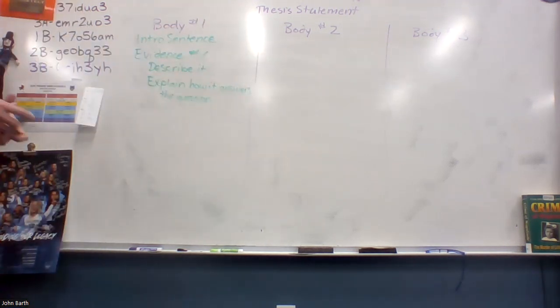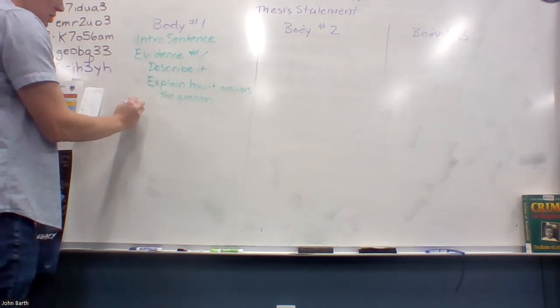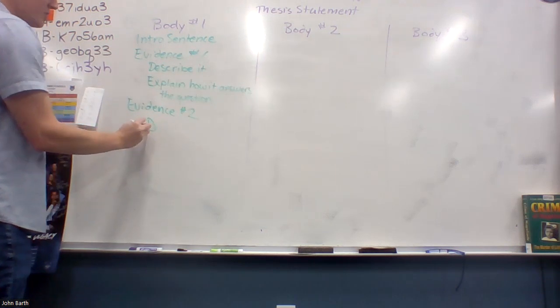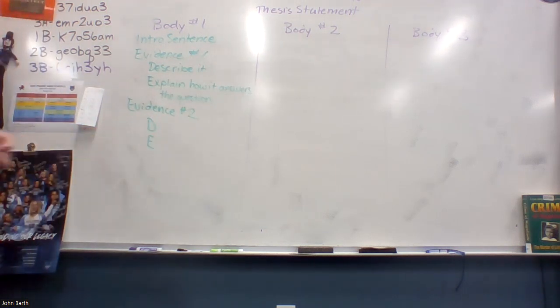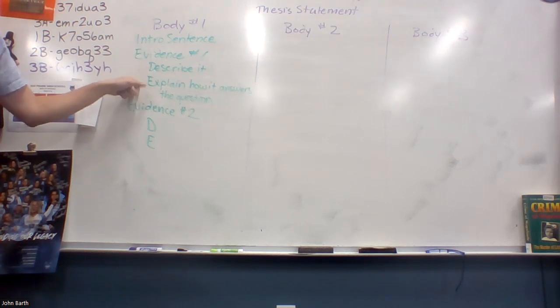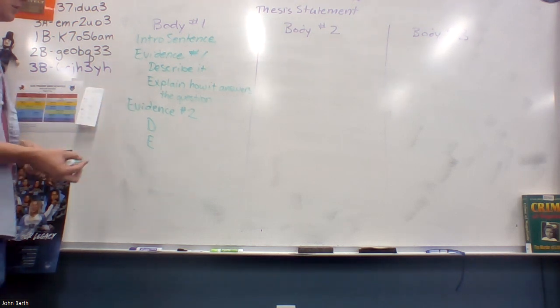And then I just do that again. Evidence number 2, I describe and I explain. Same thing. You could do this in maybe two or three sentences for each piece of evidence. Probably lean towards three sentences.